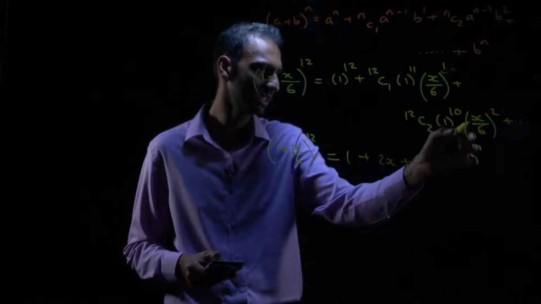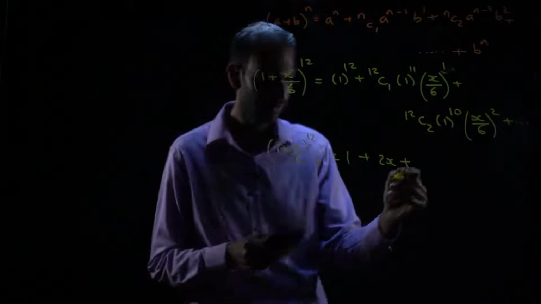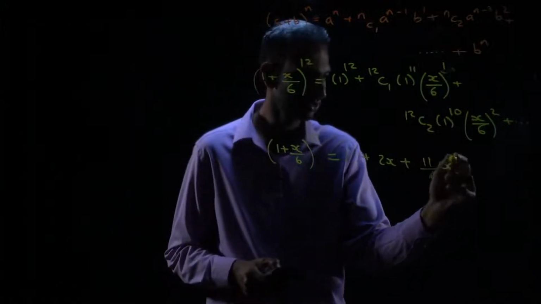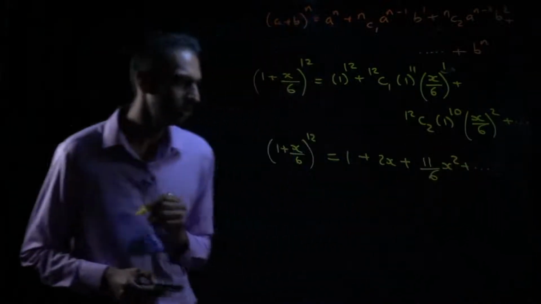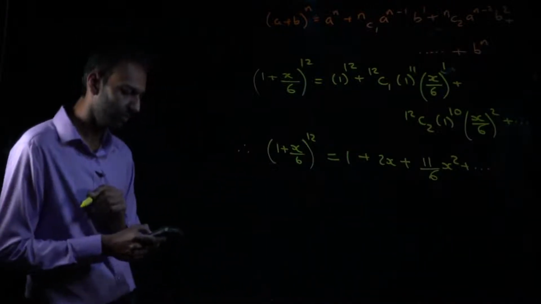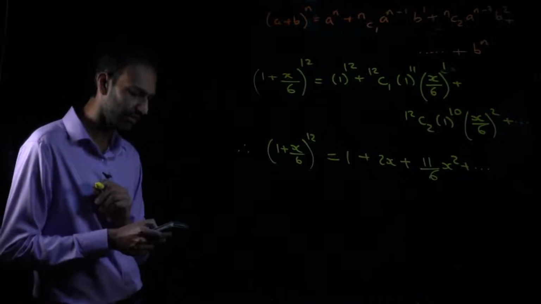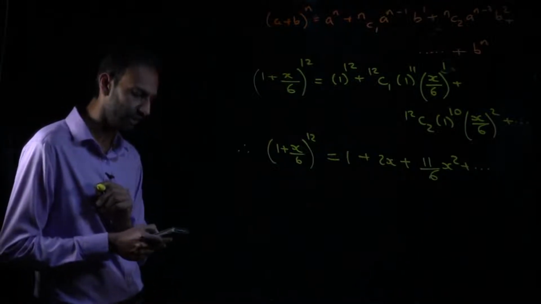If you use your calculator, you will be getting 11/6 x². It continues, but we will stop here. So that's the expansion of (1 + x/6)^12, which is equal to 1 + 2x + 11/6 x².